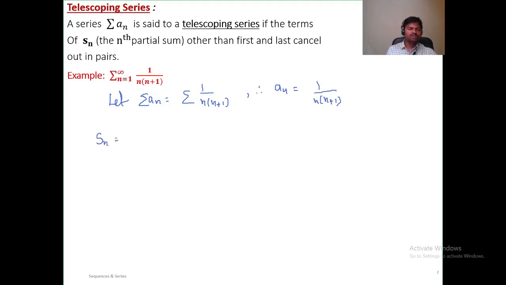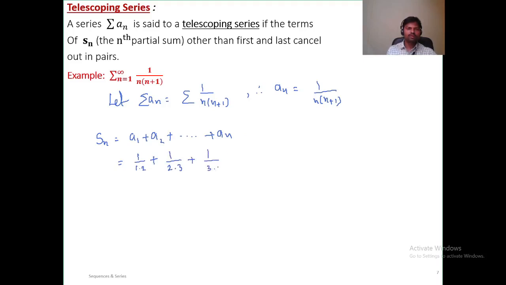What is Sₙ? It is the sum of the first n terms of the series: a₁ plus a₂ plus up to so on plus aₙ. Now what is a₁? Substitute n is 1, you will get 1 by 1 into 2. The second term, substitute 2, you will get 1 by 2 into 3. Substitute 3, you will get 1 by 3 into 4.